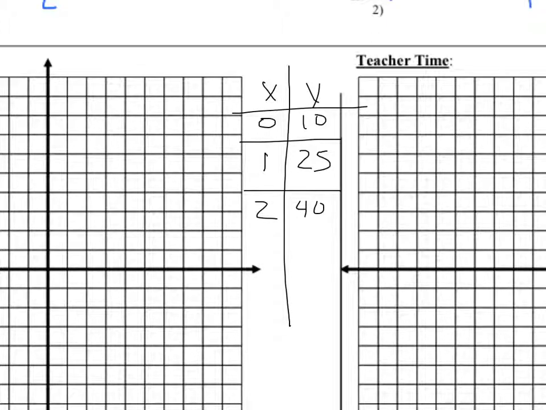And what we can see here is we could have started with our t-chart, and then we could have asked, well, what's the slope? Well, this is a change of 15 and a change of 15, and our change in x is 1 and 1. So our change in y over change in x is equal to 15 over 1.